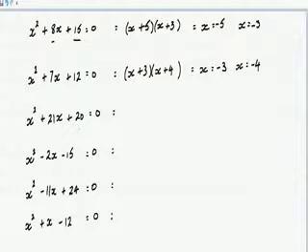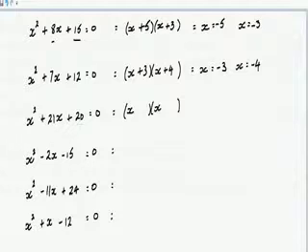Okay, the next one. So we have x and we have x. So again, what times what will give me 20, that if I add them together will give me 21? 2 times 10, well, if I add 2 and 10 I get 12, so that's no good. 4 times 5, 4 plus 5 gives me 9, so that's no good.